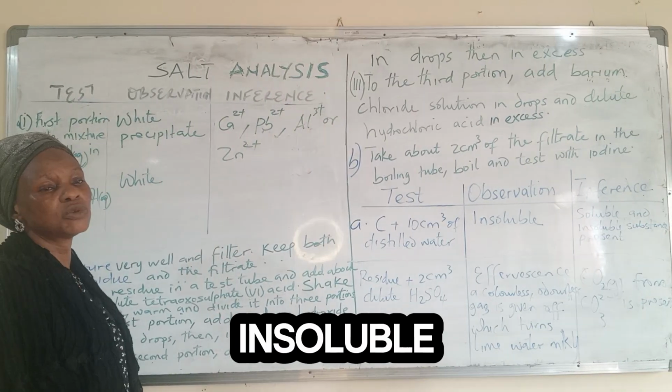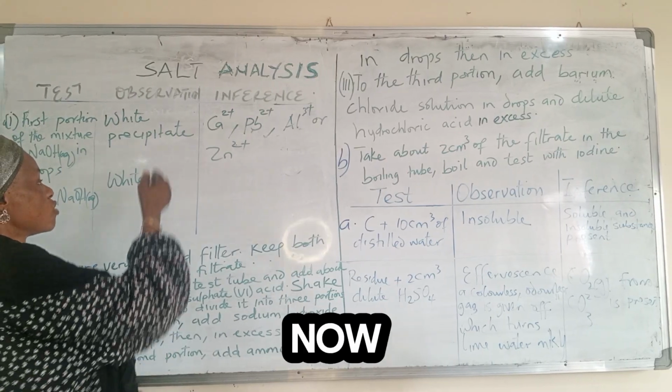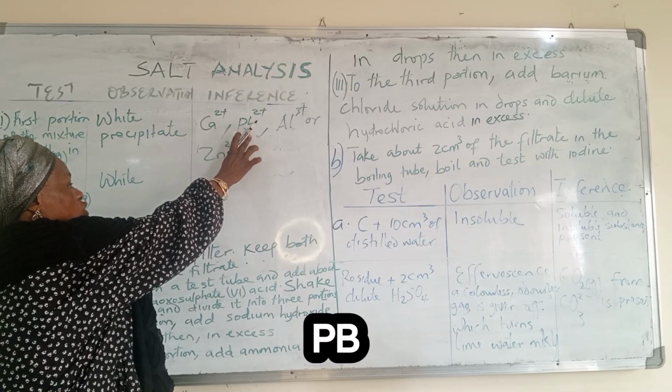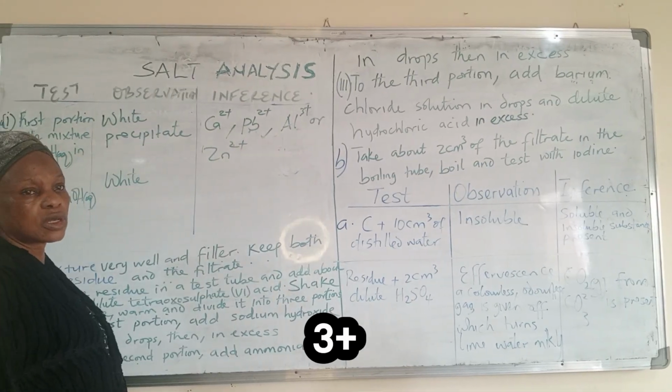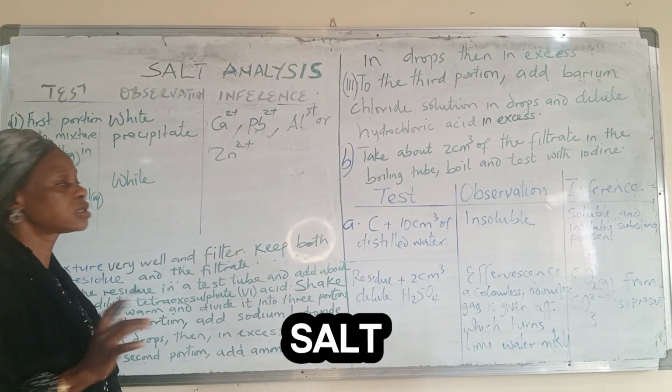If it is insoluble, that means it's calcium salt. The one we are dealing with now is either zinc, Pb2+ or Al3+. To be specific, we want to deal with the one that has lead-2 salt.